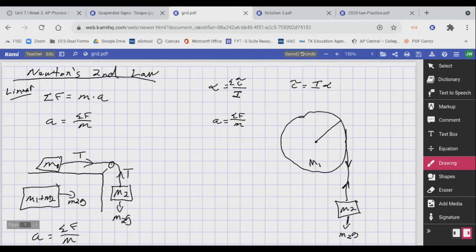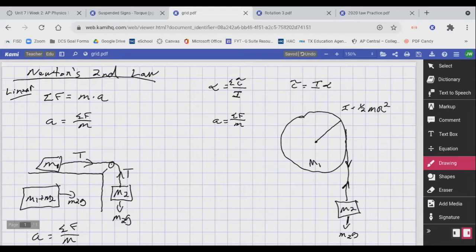Mass 2 in this case will not have acceleration equal to gravity because the disk resists a change in rotation. And we said for a disk, I equals 1/2 mr squared.